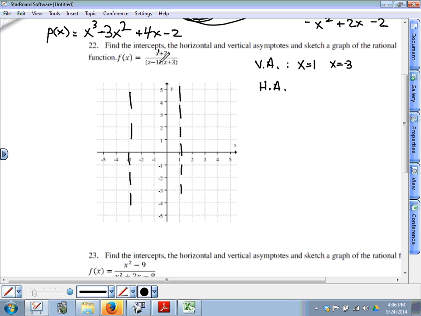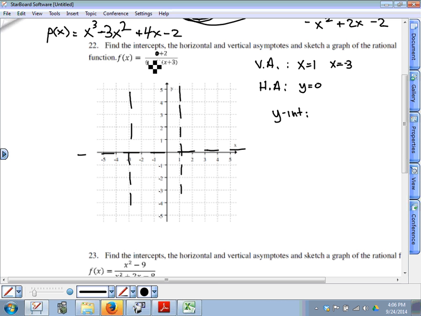If you multiply this all out, you'd have a degree 2. So the numerator is smaller degree than the denominator. That means that the horizontal asymptote is the line y equals 0, right along the x-axis.